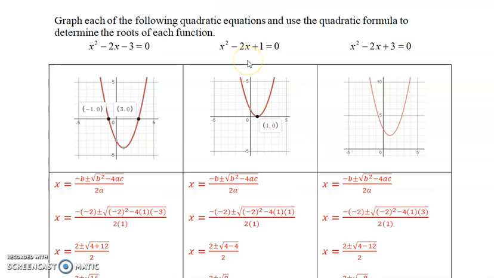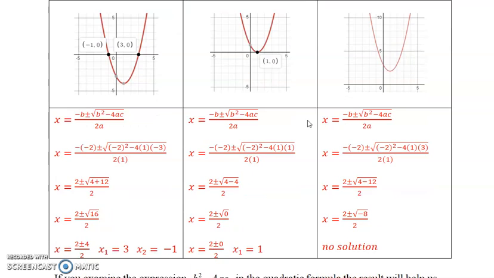Let's look at the second example. We have x squared minus 2x plus 1. Some of you may recognize that as a perfect square trinomial, and you would be correct. This comes down and touches the graph at 1 and 0. Looking underneath the square root in the quadratic formula, it is 0, and we end up with one solution.